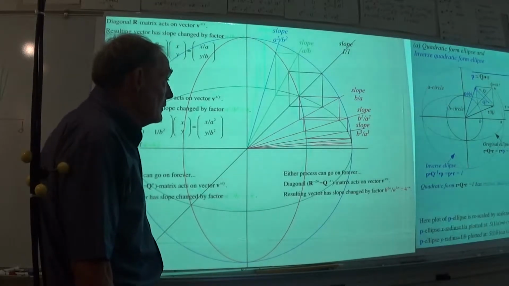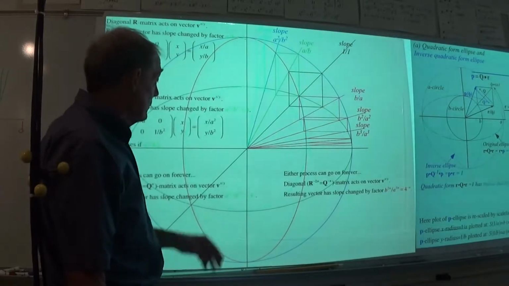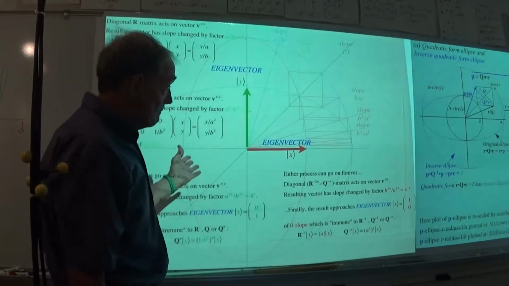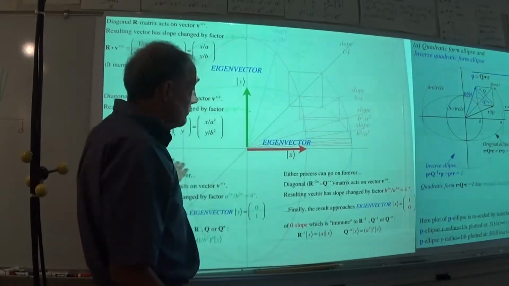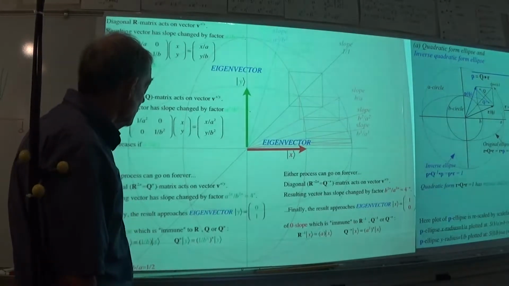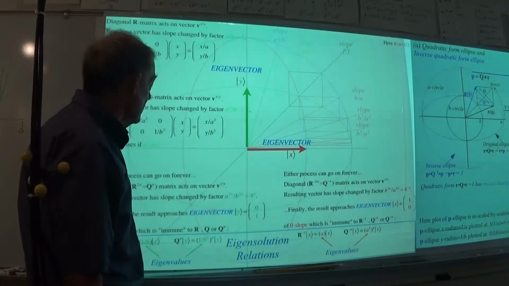Okay, in particular the largest eigenvector or the smallest, depending on which one of these you use. Okay, so at some point I've got a vector right here that's immune to either one of these matrices. So that's a cool thing to be aware of, and that's what's at work here.